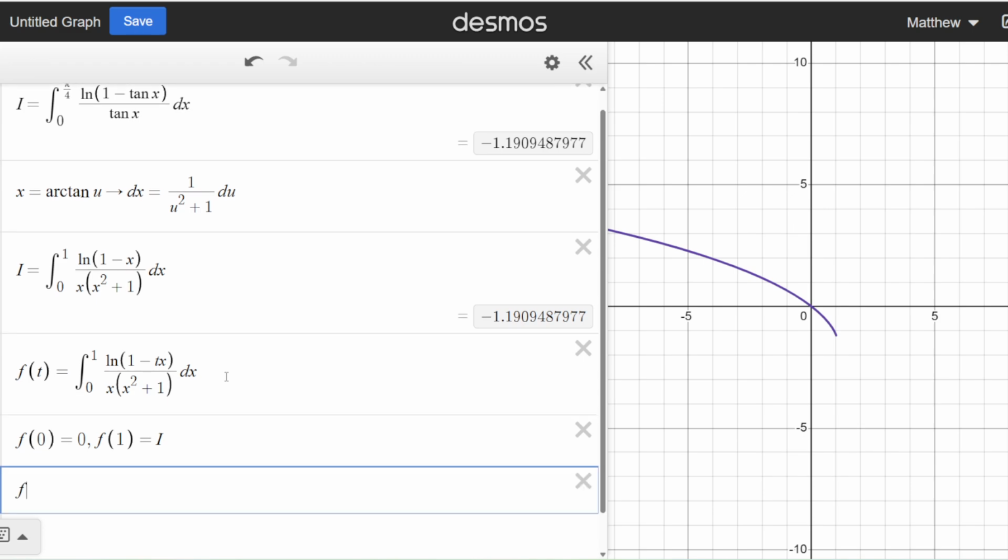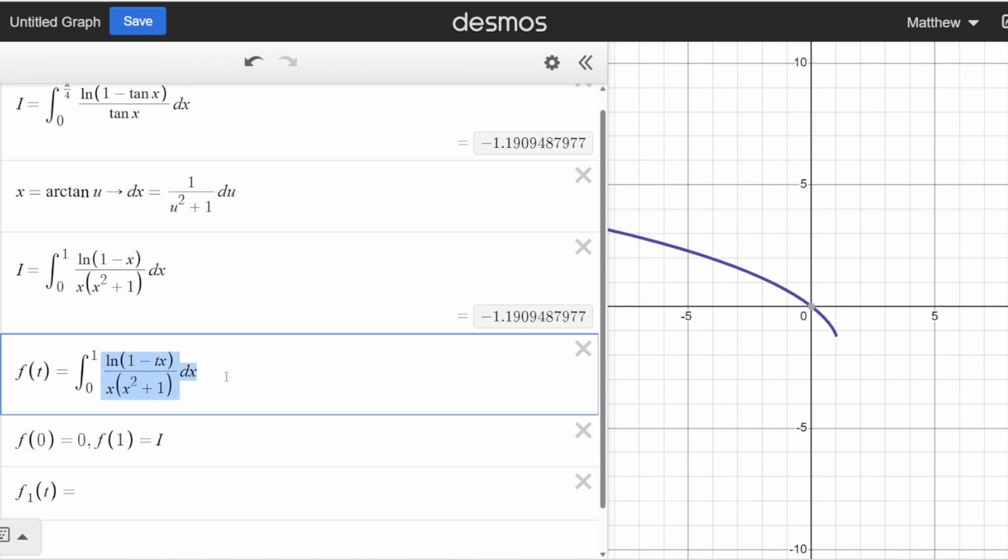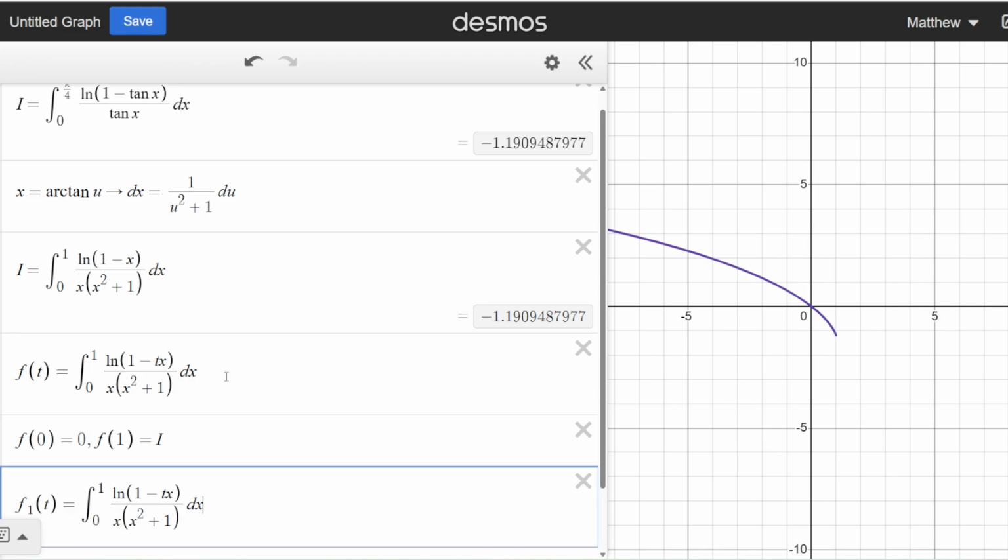All right, let's take f prime of t. That's equal to, of course, using the Leibniz rule for differentiation under the integral sign. All we do is pass the derivative inside the integral sign and take the partial with respect to t. So that's going to bring this down to the bottom, and then we will have a negative x.